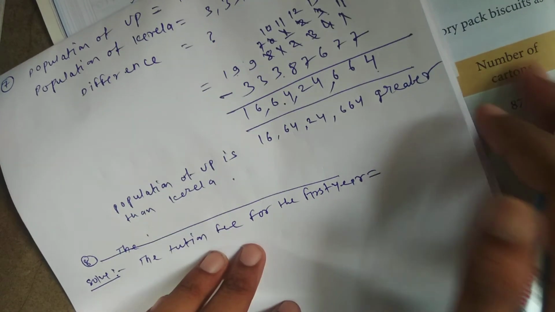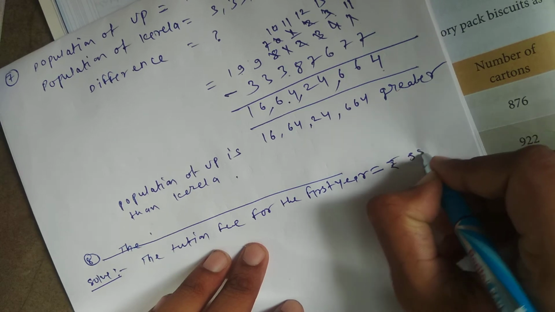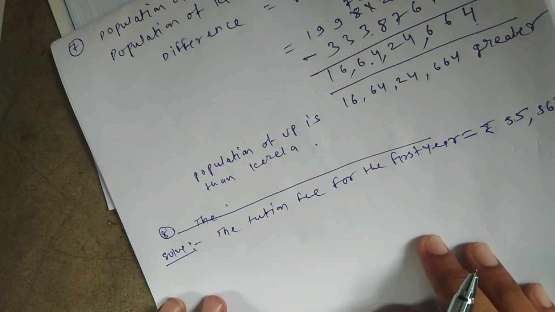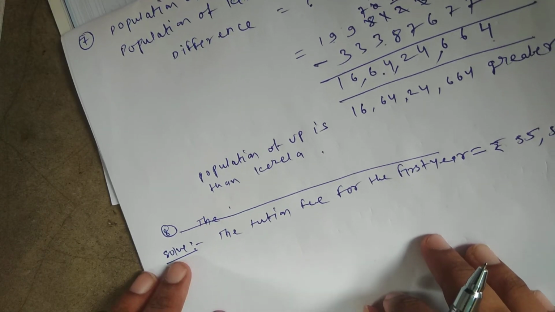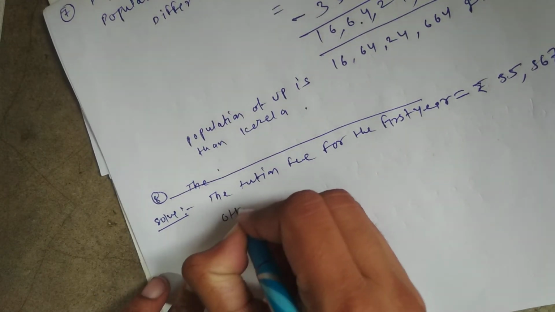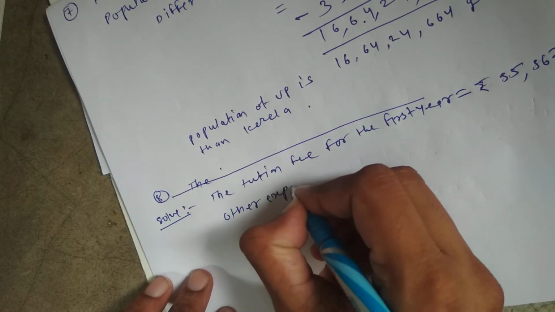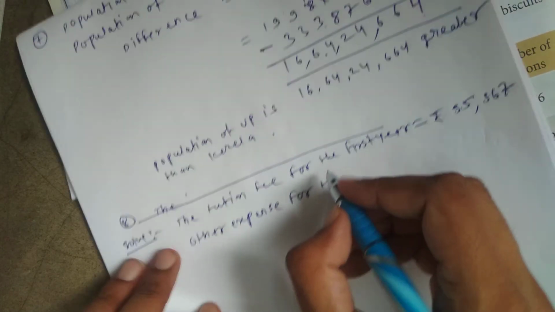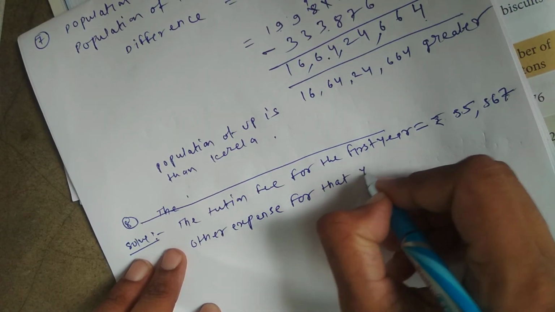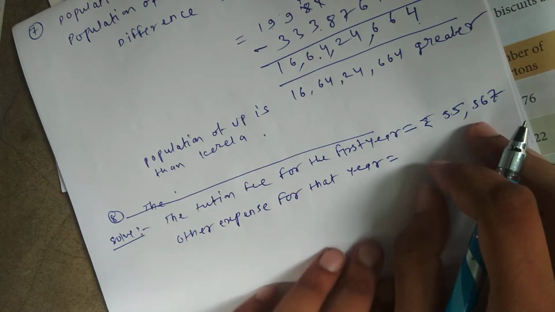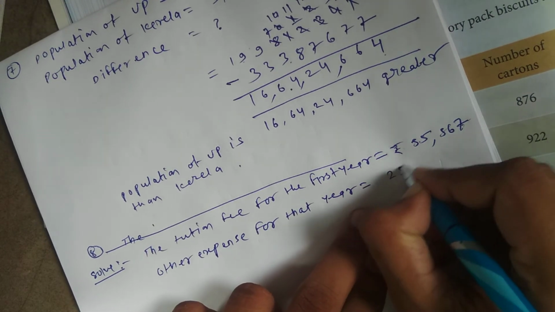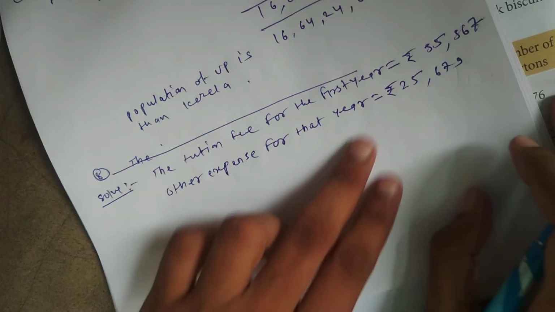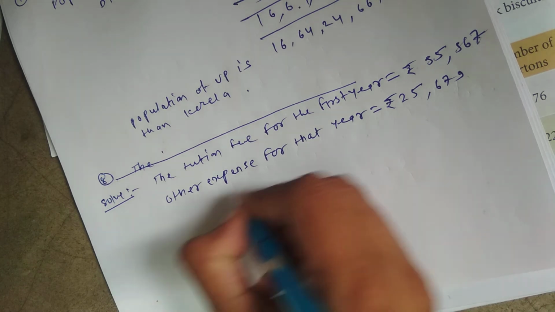It is rupees 55,567, and then you have to write other expense for that year. For the same year, what is the other expense? 25,679 rupees. Then we have to do total expense.